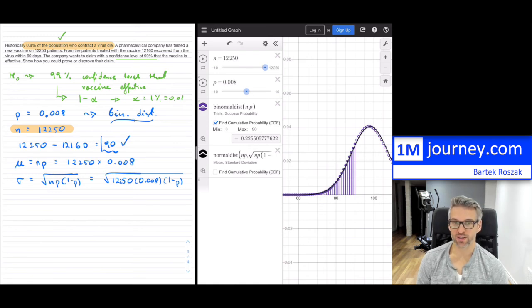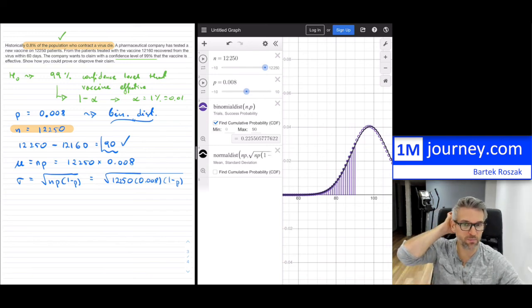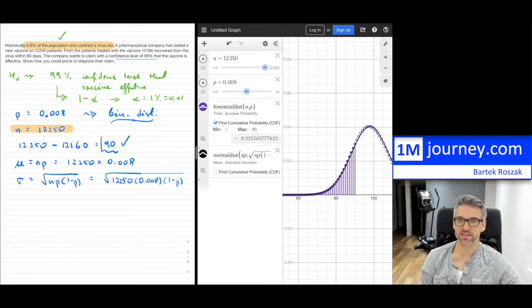So is this a 99% confidence gap? No, right? Because if you take 1 minus 0.2255, it's almost 80%. So you are only about 80% confident within here.